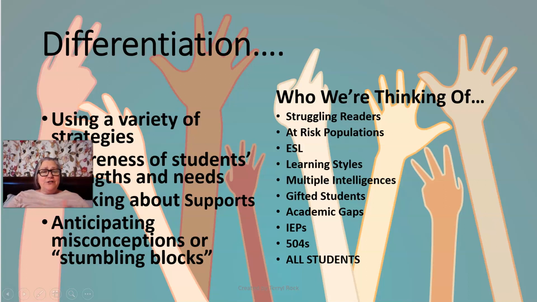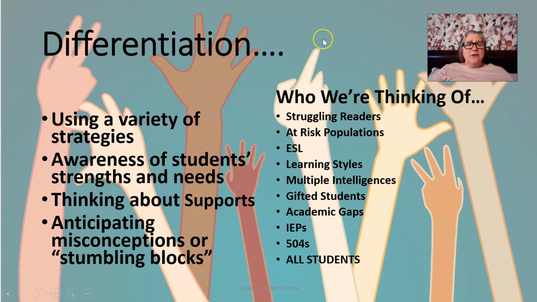So when we're differentiating, we're not just coming up with a different thing for every student to do. That's not what it's about. It's about using a variety of strategies that is going to help everybody, being aware of not just what your students are bad at, but being aware of what they're good at. And when you have that awareness of their strengths, their strengths can help them with their needs.